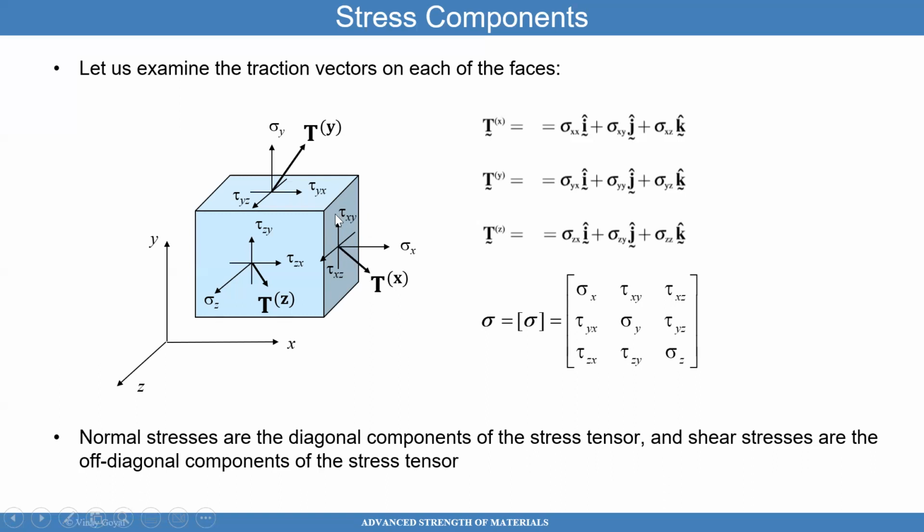You can see here that I have sigma XY. I use tau here, but you can use sigma and tau interchangeably. Sigma XY or tau XY, that stress component is a stress that's acting on the X phase. You can see that's why there's an X there, but it's acting in the Y direction, okay?